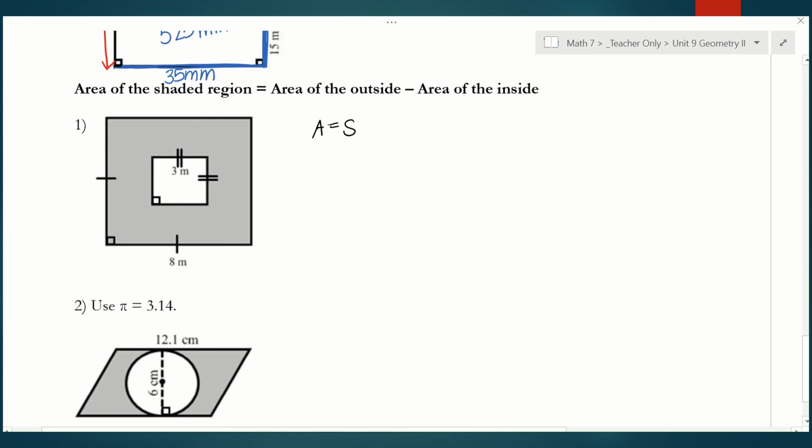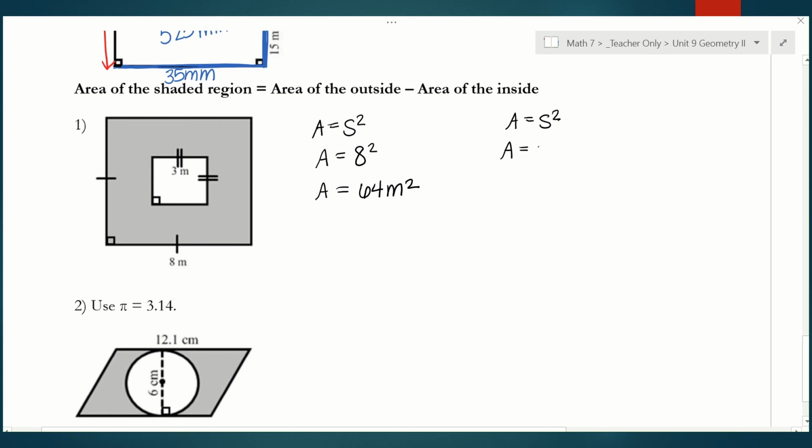So I'm going to start with my area of a square formula. And then I'm going to say, okay, each side of the square is 8, so 8 squared. And that's going to give me 64 meters squared. So that's the area of the big square. Now I'm going to cut out the little square in the middle. And so again, I'm going to use side squared.